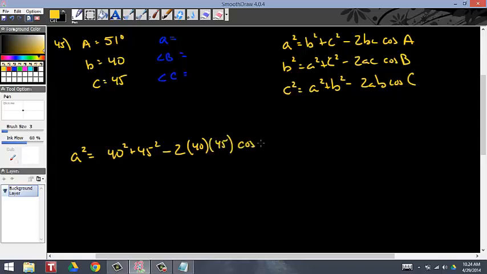2bc cosine of angle A, so cosine 51. Okay, so 40 squared, 1600, plus 45 squared, 2025, minus, see, 80 times 45, 3600, cosine 51.